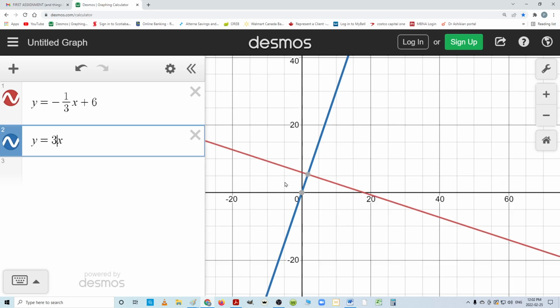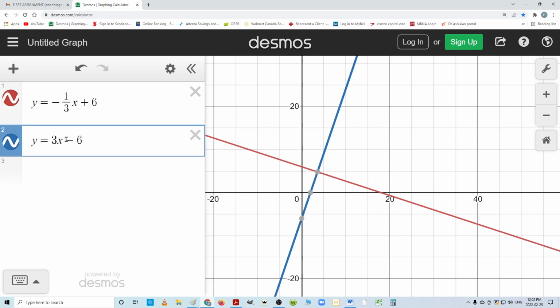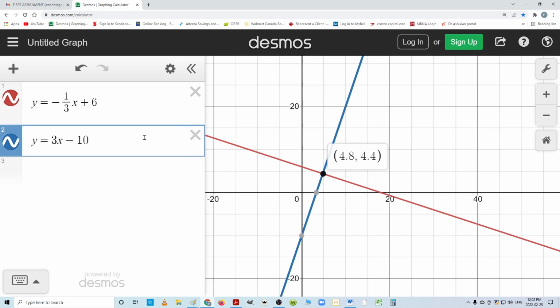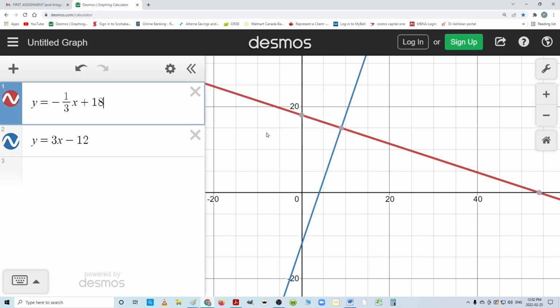So what's going to happen a lot is they're going to give you, let's see if I can make these a nice even spot they meet. I'm trying to find a good spot where they'll meet, because I don't want to make it too mean here. We're going to do plus 18 and see if we come up with a nice, there we go, look at that.